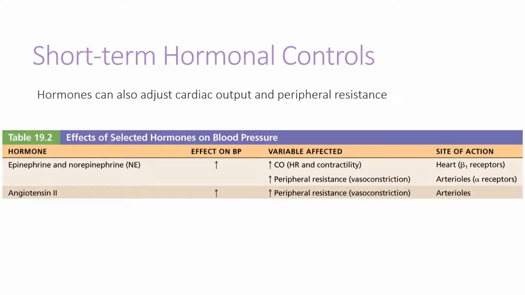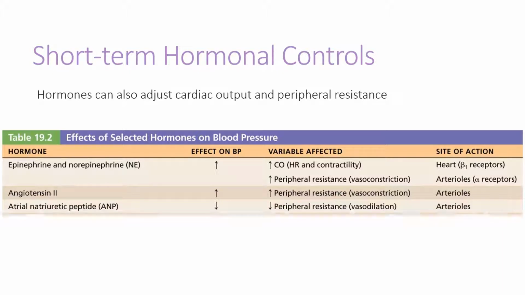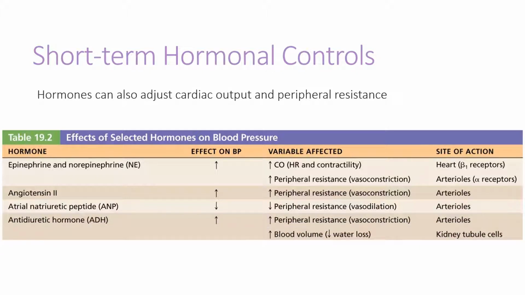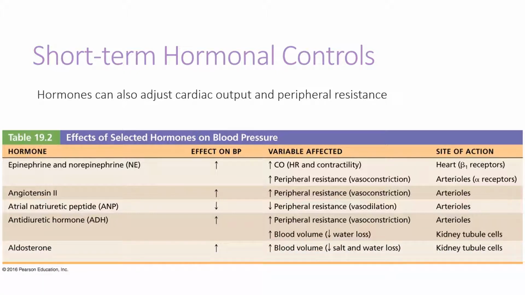Angiotensin II increases peripheral resistance by causing a contraction or vasoconstriction at the arterioles. ANP can cause a decrease in peripheral resistance because it's a powerful vasodilator of arterioles. Antidiuretic hormone can increase our blood pressure by increasing blood volume, but also by vasoconstricting arterioles. And aldosterone can also increase blood volume, which would thereby increase blood pressure in the system.